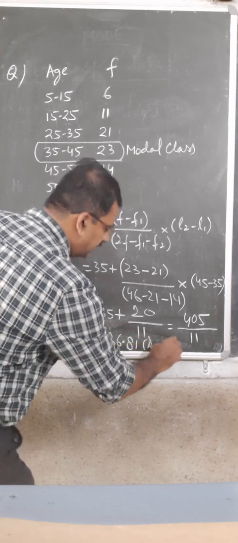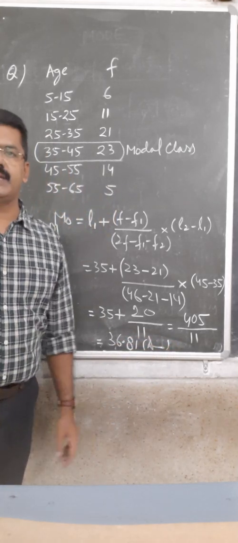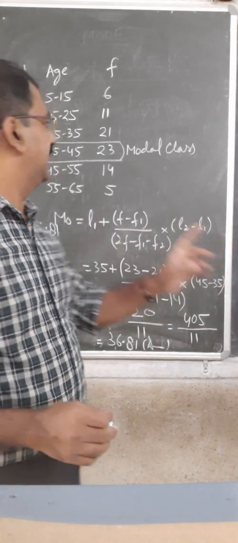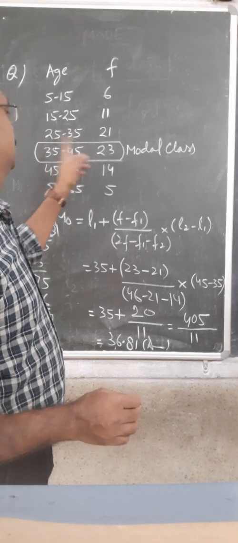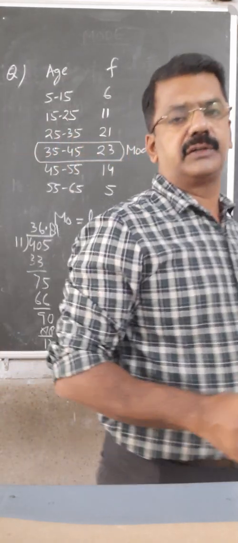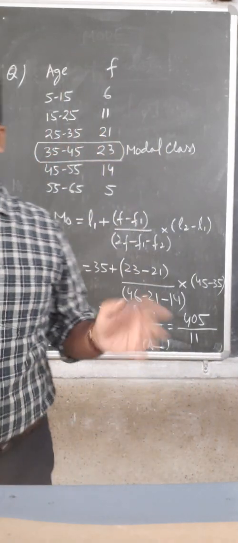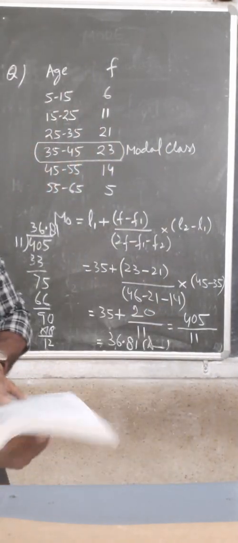The mode is 36.81. Always remember that your mode must lie in the modal class, between 35 to 45. Now the next question.